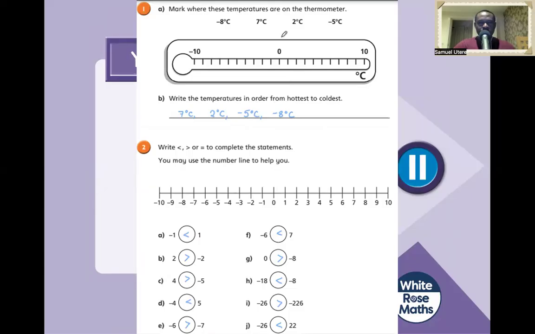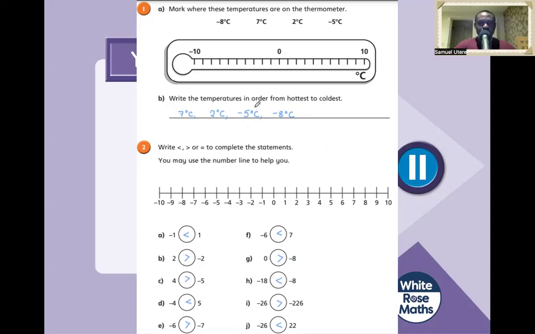Negative 7 will be counting 7 of these, so down along 7. Negative 2 should be somewhere there. Negative 5 should be 5 intervals after 0, and negative 8 will be 8 intervals after 0.